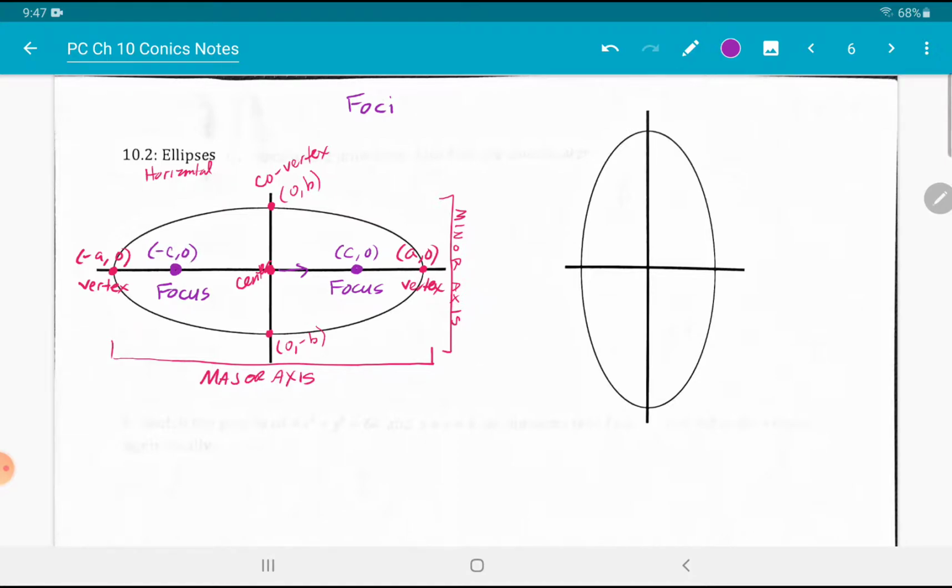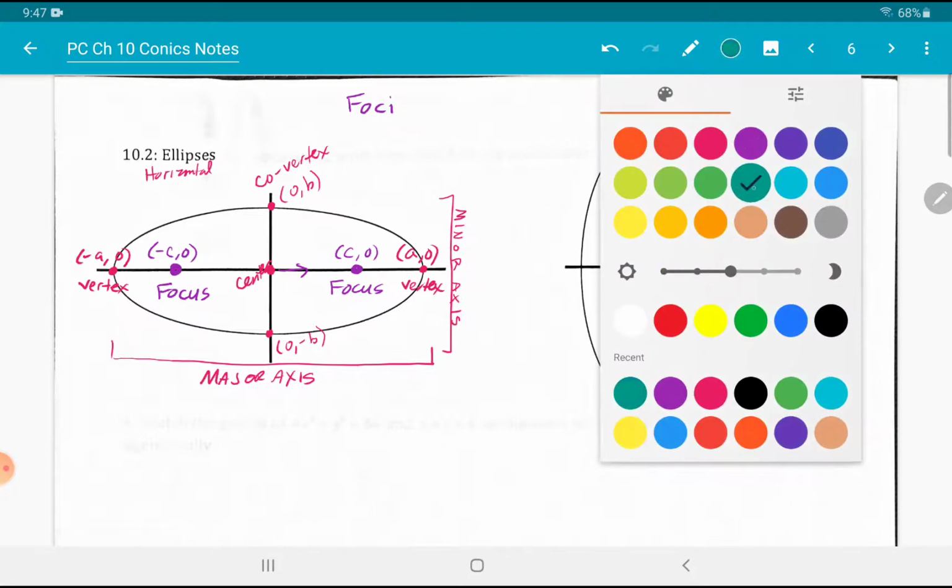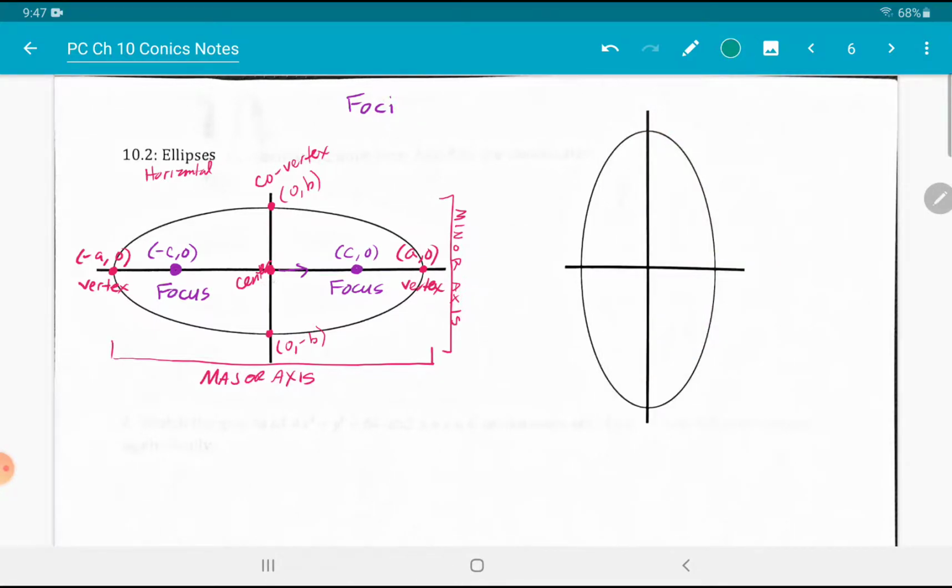Now, based on the ordered pairs that you see there, you can pretty much assume that the distance from the center to the vertex is a. The distance from the center to the covertex is b. And the distance from the center to the focus is c.